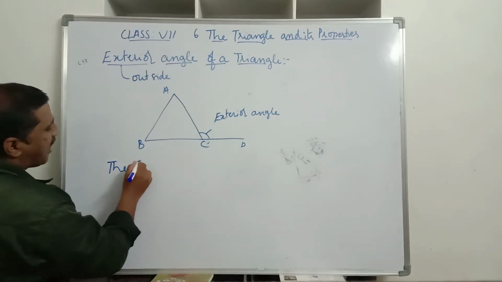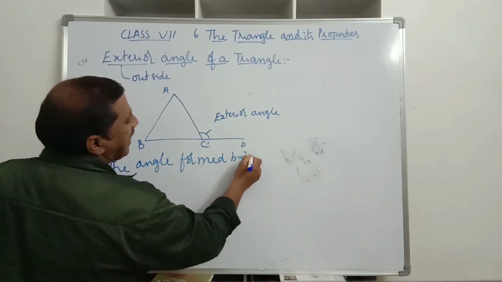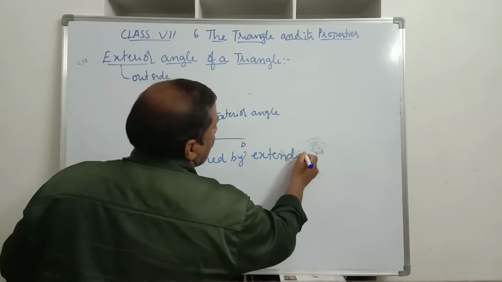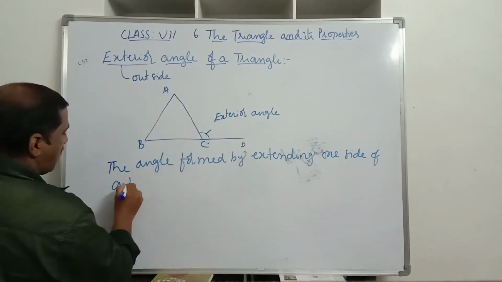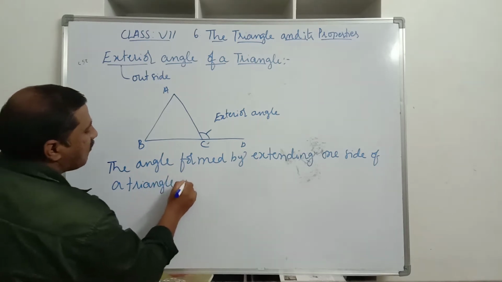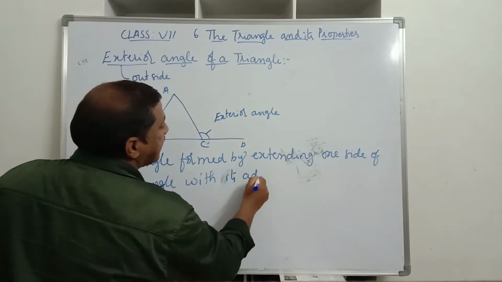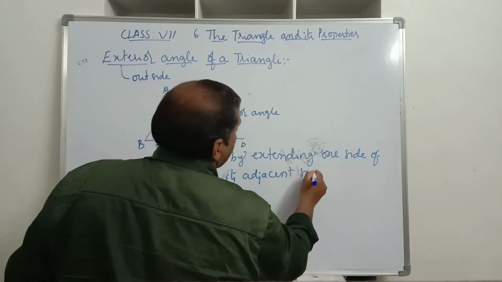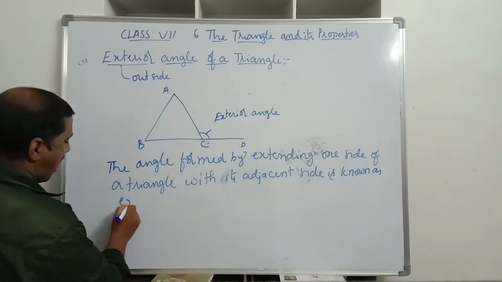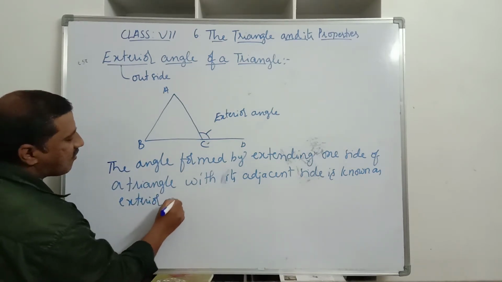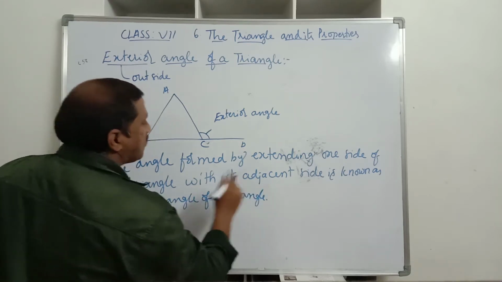The angle formed by extending one side of a triangle with its adjacent side is known as the exterior angle of a triangle. So it is formed outside.